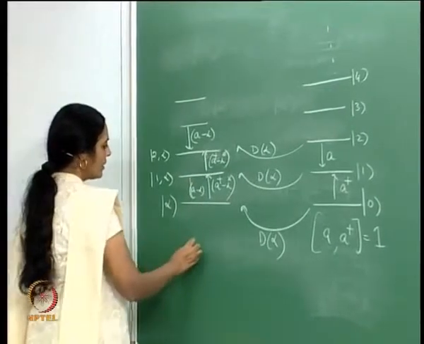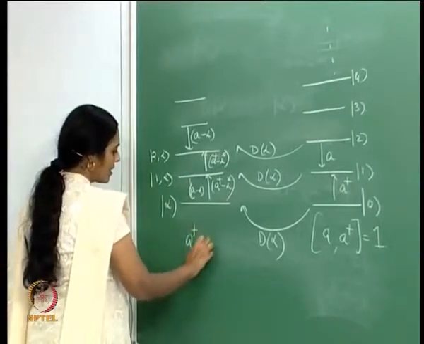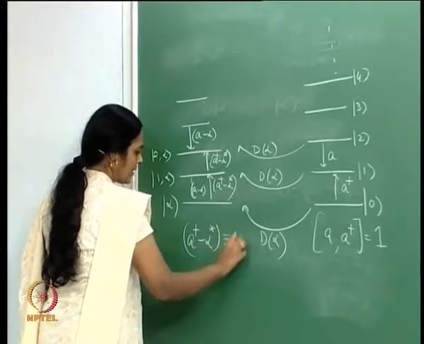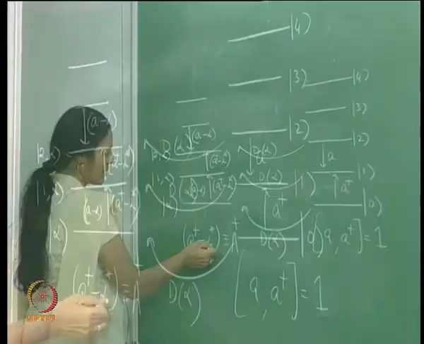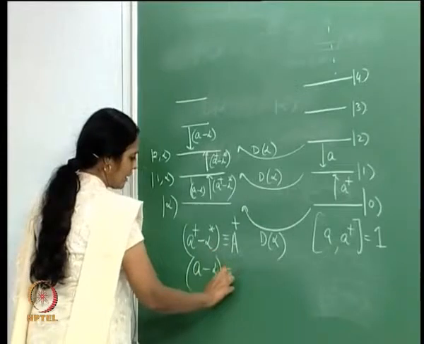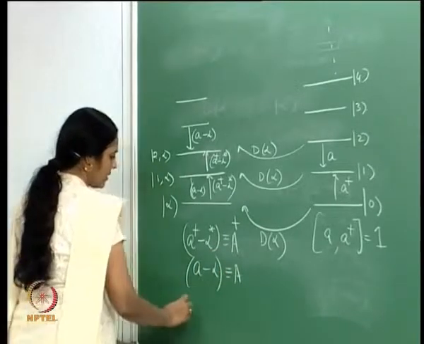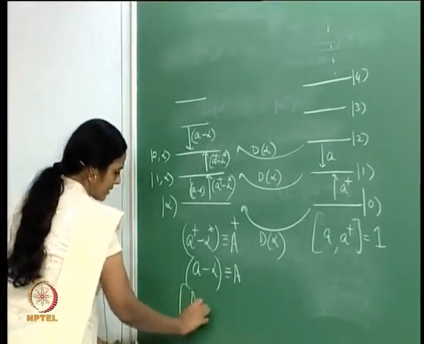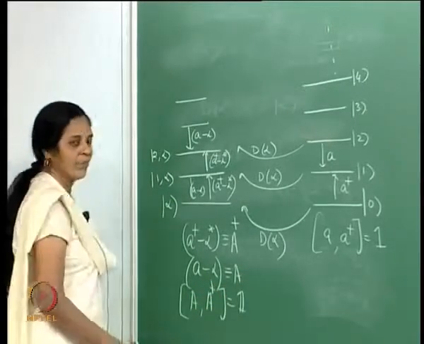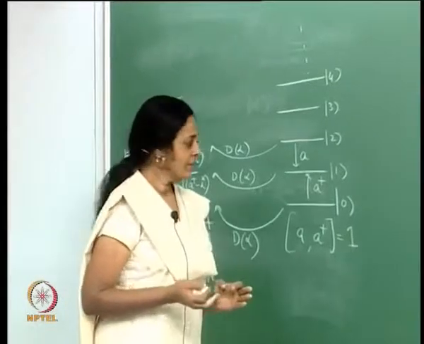It is clear that if I represent little a dagger minus alpha star as capital A dagger, and little a minus alpha as capital A, it is evident that the commutator of A and A dagger is 1. What is it that we have done?